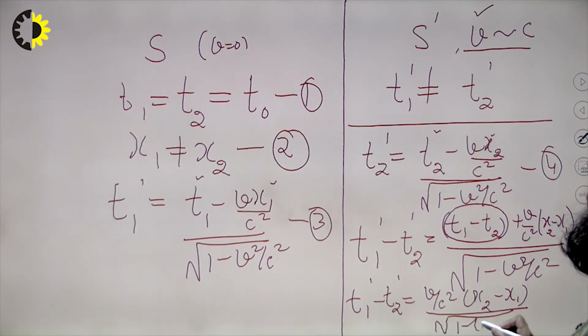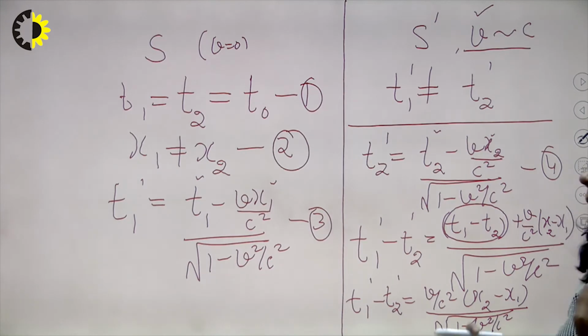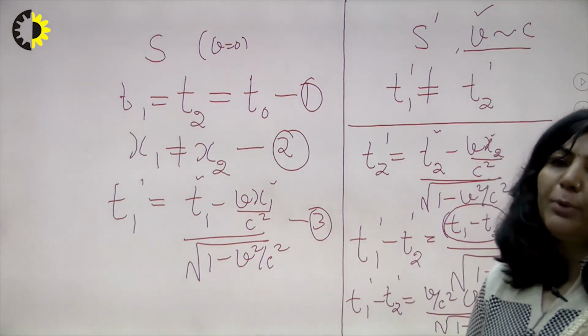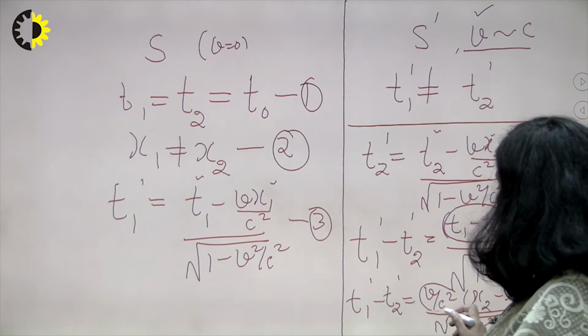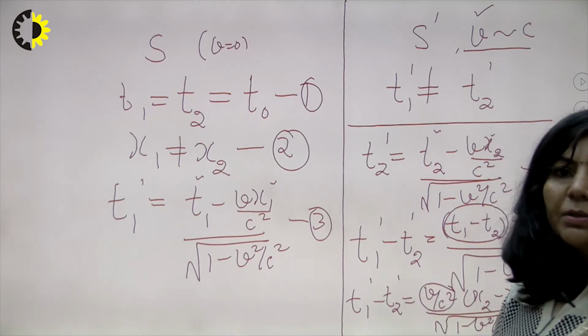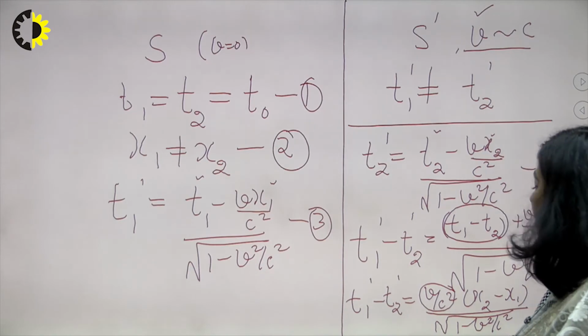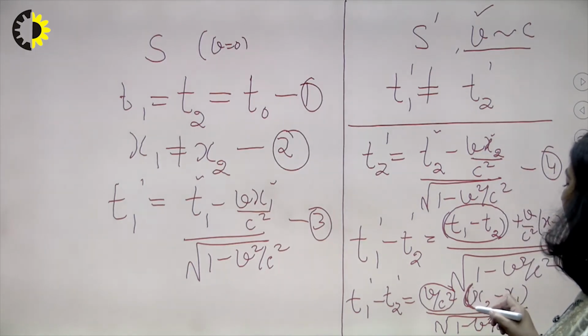Now we have a very important point here. As you can see in this equation, the denominator, root 1 minus V square upon c square, is constant, and its value depends upon the relationship between V and c. Second, this V upon c square is again a constant. So the relationship between t1 dash and t2 dash depends upon the relationship of x1 and x2.